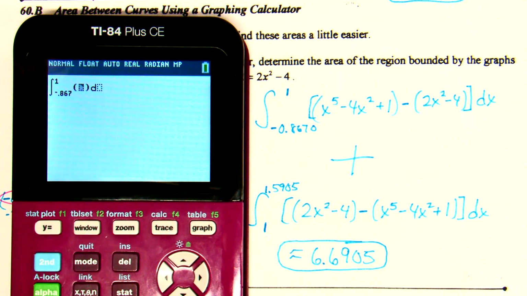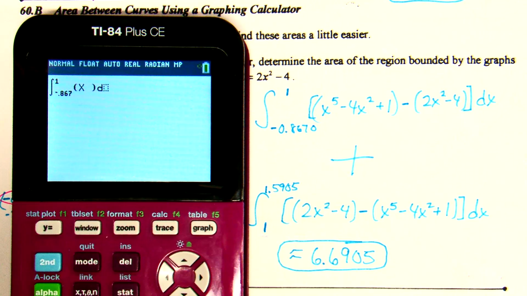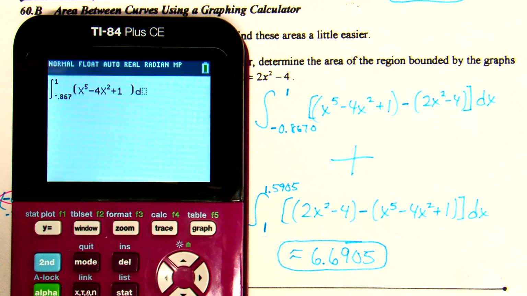So I might do x to the 5th minus 4x squared plus 1 and then minus 2x squared and then plus 4 dx, and then plus my next integral, which goes from 1 to 1.5905, and it is 2x squared minus 4.